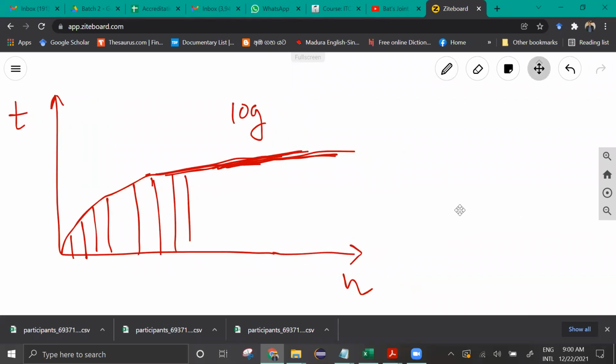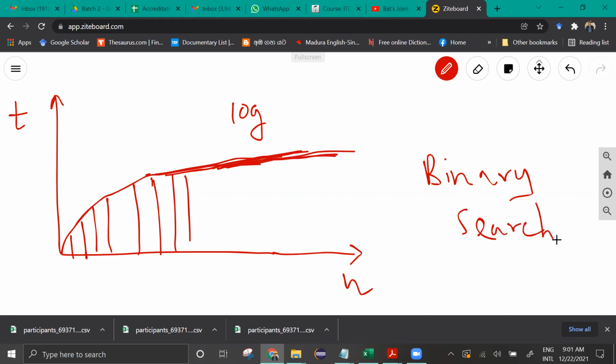So if we take one example, I'm going to explain this example later, but for example, binary search. Binary search has this kind of variation.